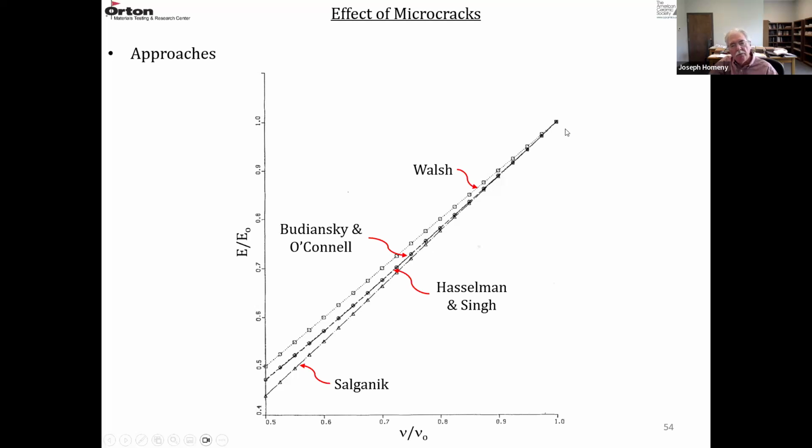They're all pretty close, all showing the same kind of relationship. As the material becomes crack-free, you're going in this positive direction. These ratios become larger and larger, and they become 1 at this point. So these are the models describing the effect of microcracks.